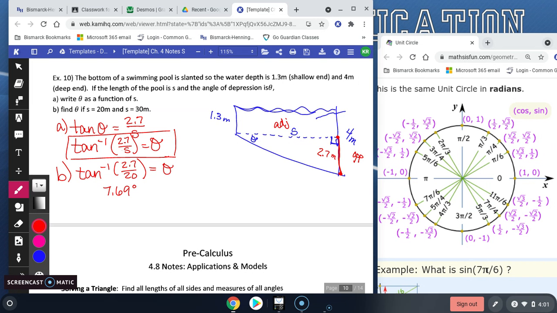You could work in radians. This problem doesn't specify to work in degrees or radians, so it's your choice. I'm assuming most of you would prefer degrees. And then the other one is if it's 30 meters long, what would the angle of depression have to be? Same thing, and it would be 5.14 degrees.